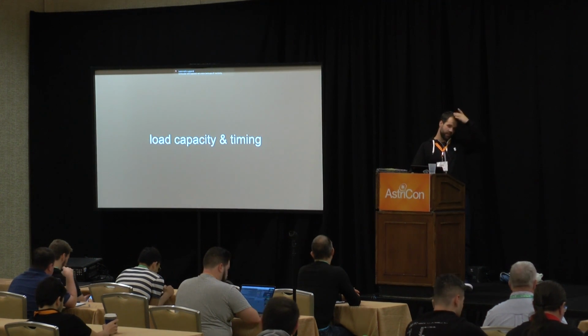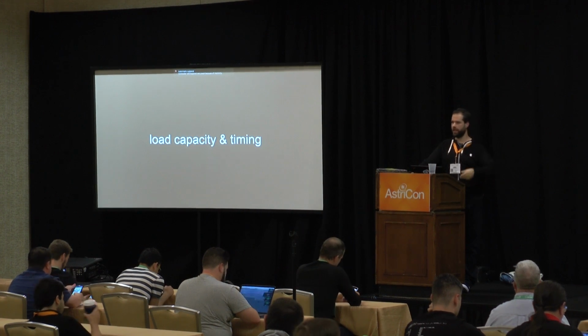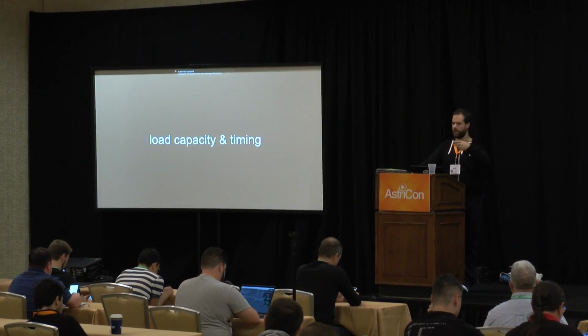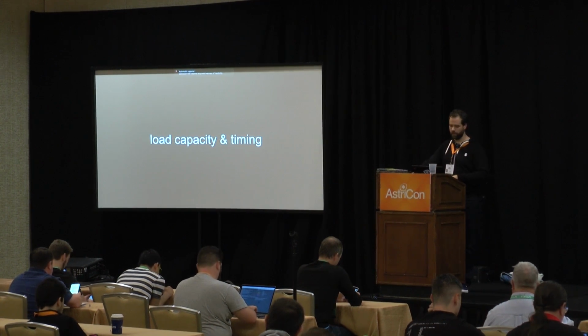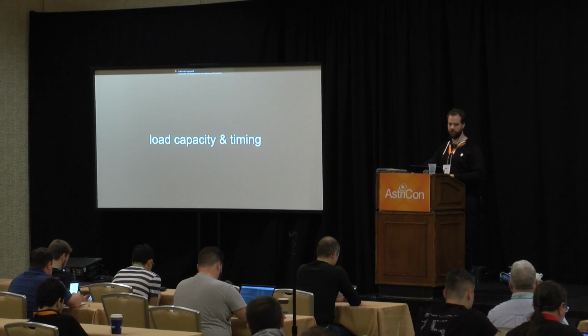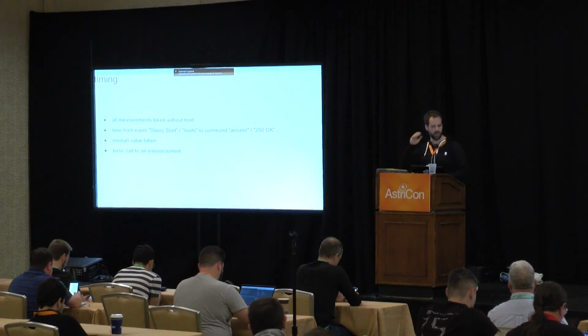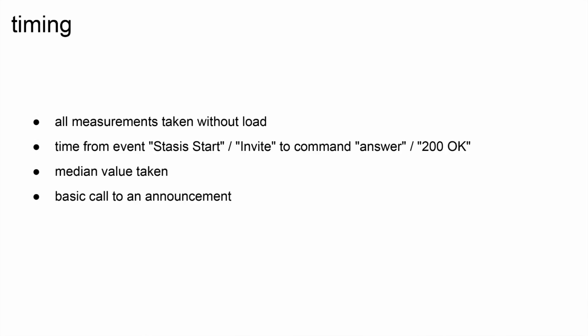So we've done that, and we implemented a basic announcement, an echo app, if you would call it. And then we thought, maybe we have a look at performance and timing. We don't want to rebuild our entire current setup, but how does it behave? So we tested a bit, and all measurements for the timing were taken without load.